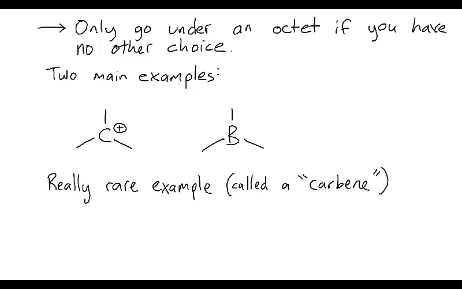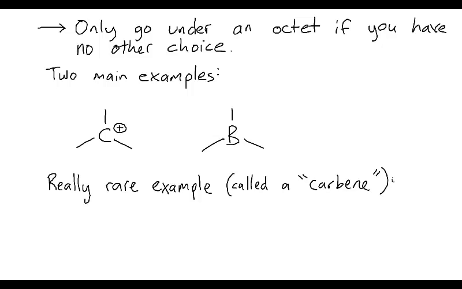And then there's one really rare example that we call a carbene, that when it comes up later in the year, I'll make a big deal about how weird it is. So at this point, you shouldn't expect to see this. But for completeness, I want to point out that we will see one other example down the road called a carbene.